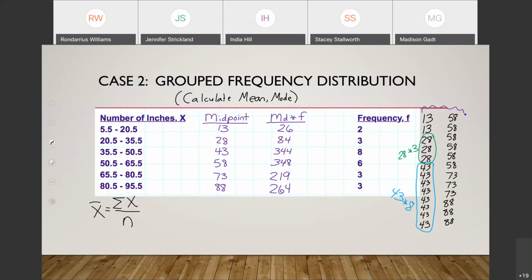I need to add up these little sums. So I need to add that to that. Okay, so I need to come over here and add up that column. And when I add up that column, I'm going to get exactly what I would have gotten if I had added up all those numbers individually on the right-hand side. All right, so I'm going to check myself, and I'm getting 1285 right here.